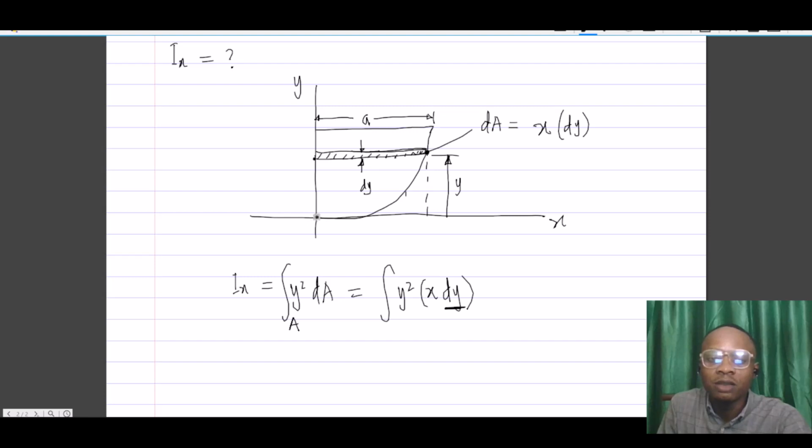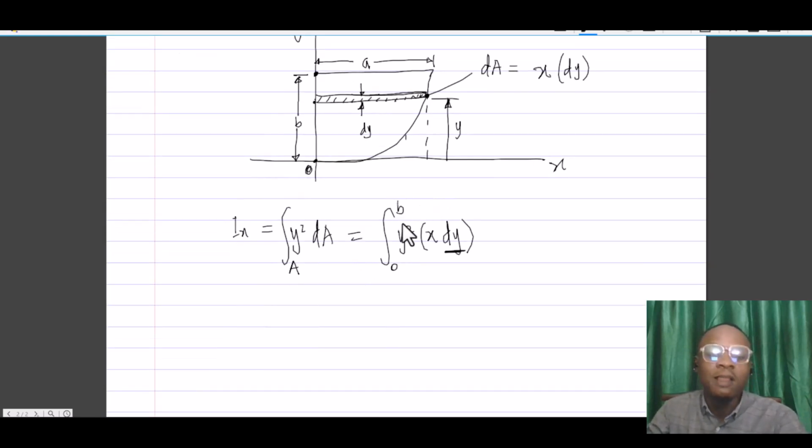So we are going from the lowest y coordinate, which is 0 at this point, to the highest y coordinate, which will be b at this point, because we were told that the distance between this point and this point is b. So we must go from y equal to 0 to y equal to b.